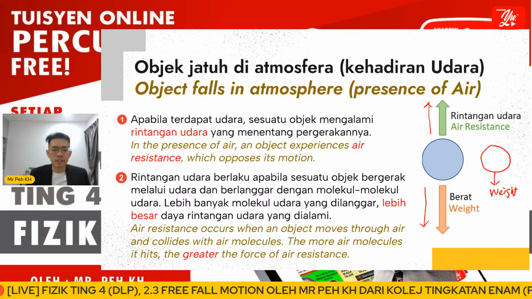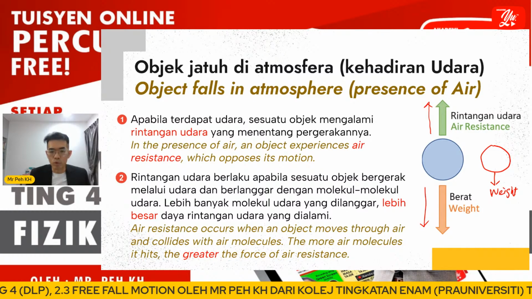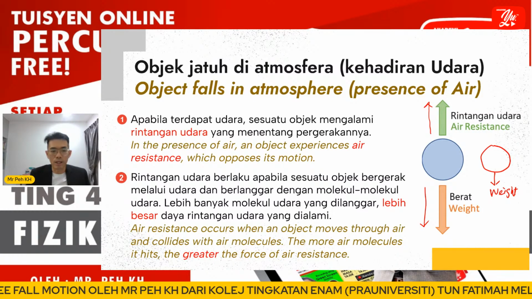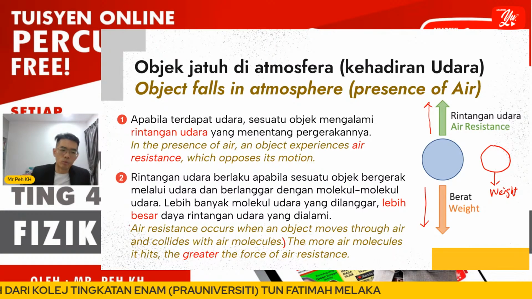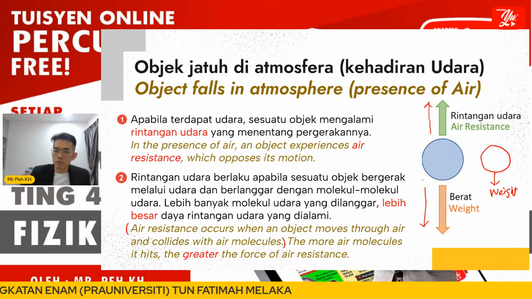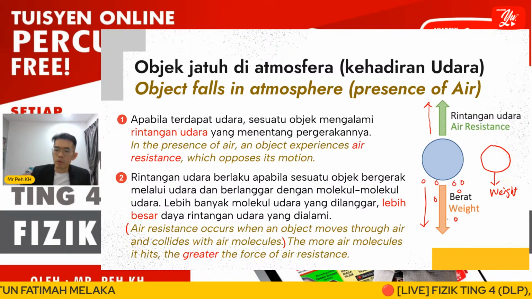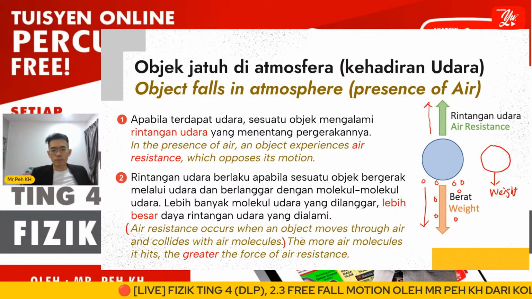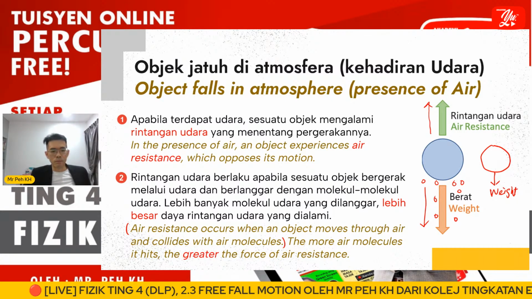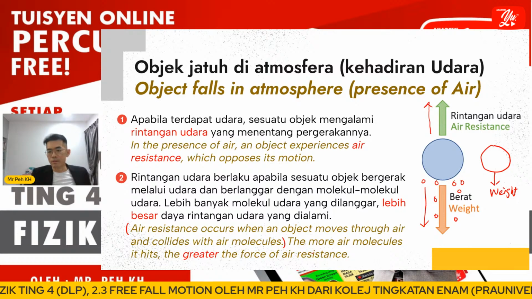Air resistance occurs when an object moves through air and collides with air molecules. When the object moves down, it collides with air molecules. The more air molecules it hits, the greater the force of air resistance.